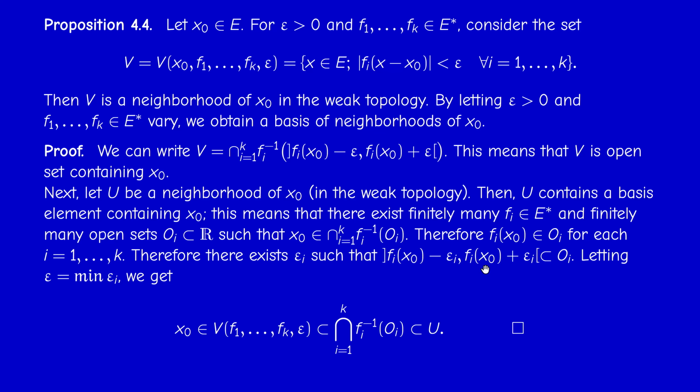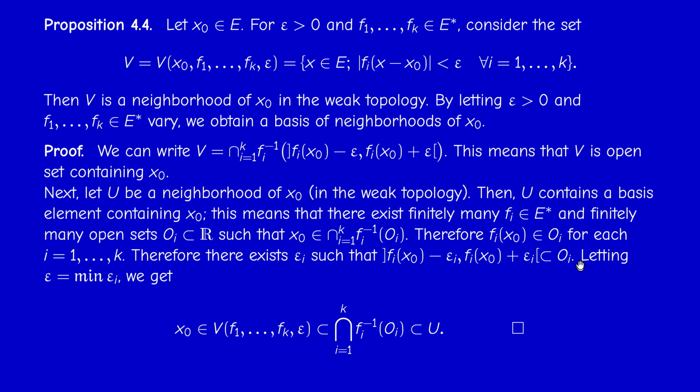And this precisely means that for this choice of epsilon and fi, I get this neighborhood, and it contains x0, of course. And this neighborhood is contained in the intersection of fi minus 1 of oi. Because if an element is here, call this element x, it means that fi of x is in this interval.